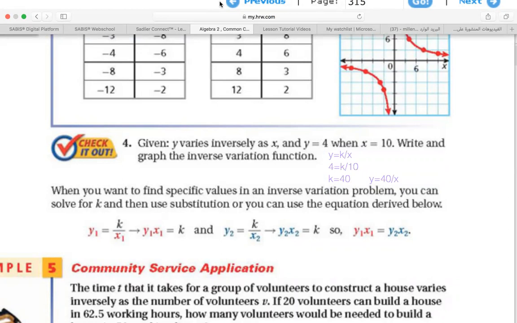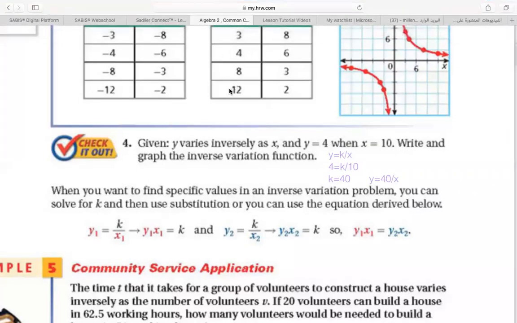So I will give you the points that you're going to choose: negative 2, negative 4, negative 6, and negative 8, and 2, 4, 6, and 8. So you're going to substitute x by negative 2 and find y.